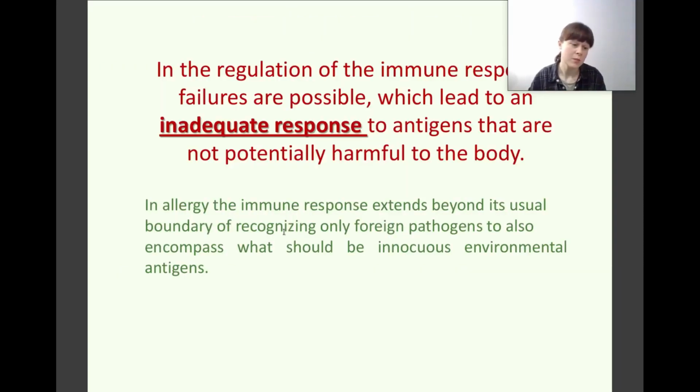Also, let me remind you that infections are dealt with by appropriate immune responses that detect foreign antigens.